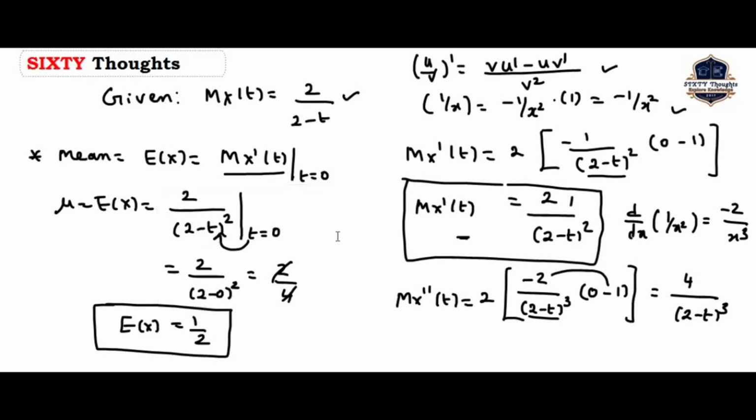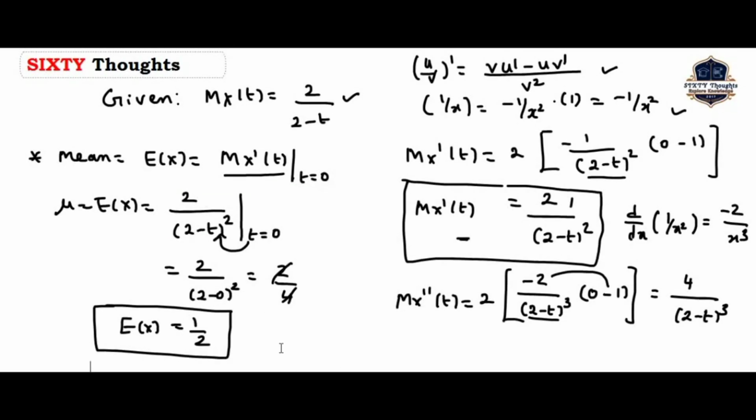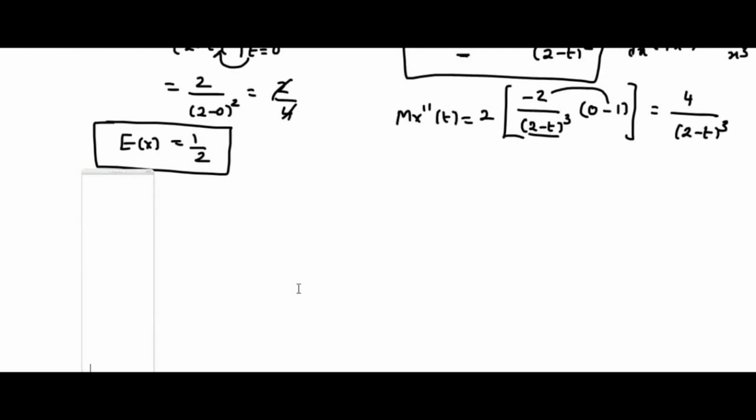Similarly, we find the expected value of X squared. E of X squared equals M_X''(t) with t equal to 0.